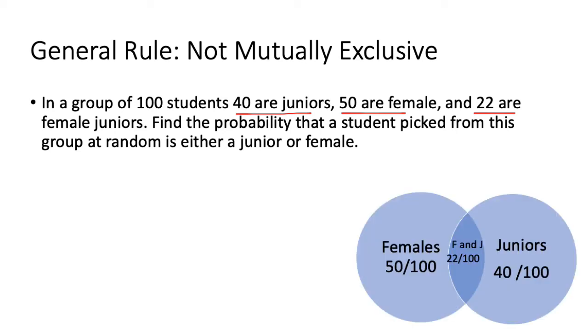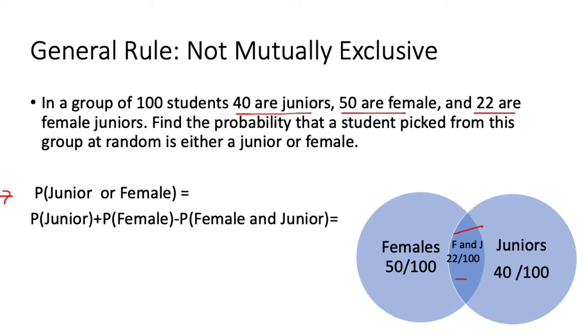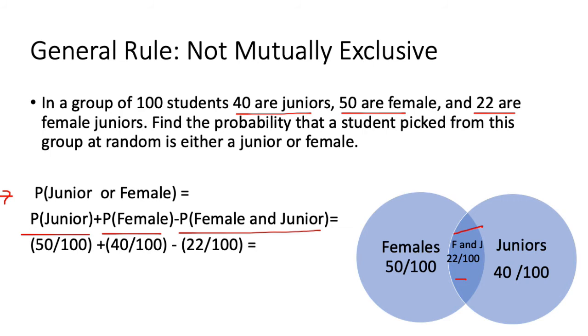So here's our Venn diagram of these outcomes. Remember, we're going to remove this section in order to answer our question. So we're looking for the probability of junior or female. We take the probability of junior plus probability of female, and we remove the overlap, junior-female. In this case, we have 40 over 100 juniors, 50 over 100 females, and 22 out of 100 female juniors.